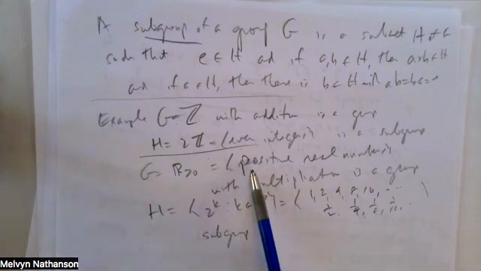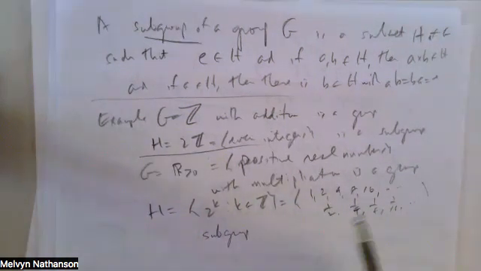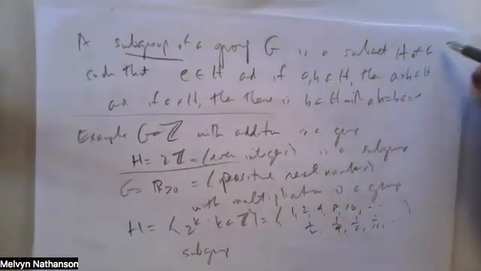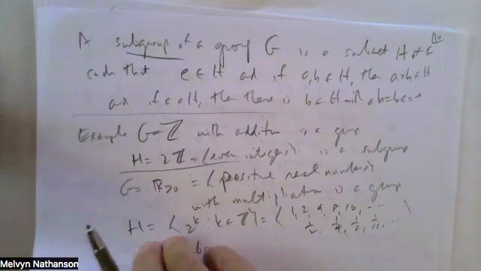So the positive real numbers form a multiplicative group. And within that set, the powers of 2 form a subgroup. Any questions about this? Okay.